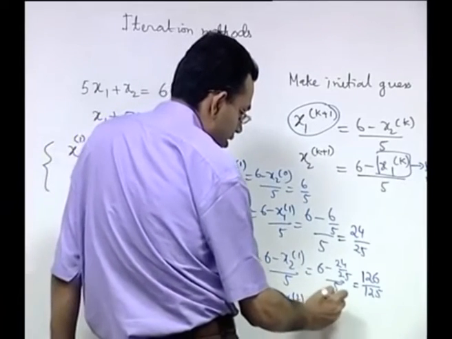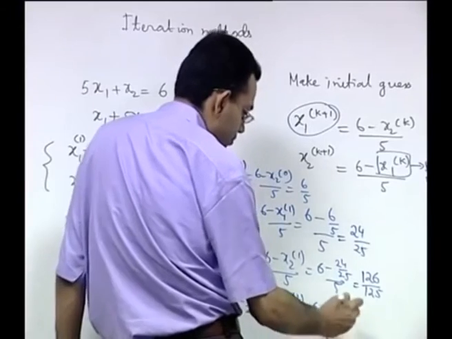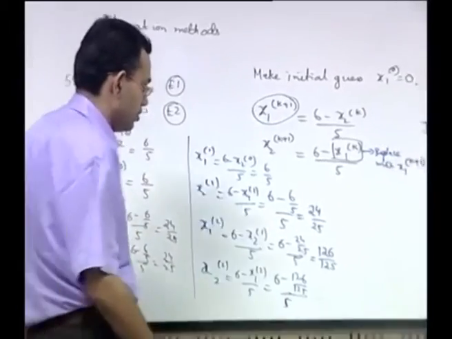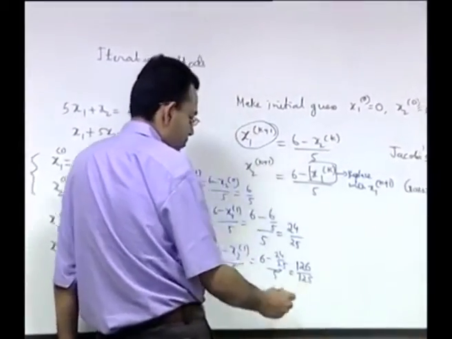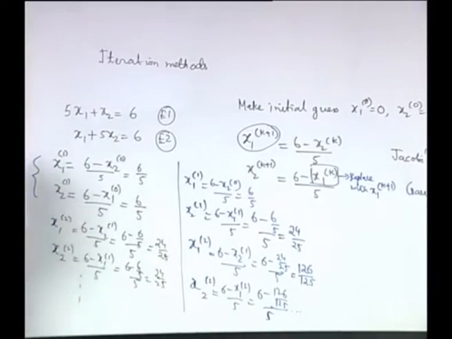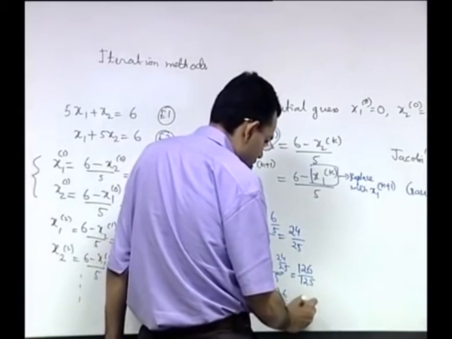So, 6 minus 126 by 125, by 5. Whatever, it will be a number close to 1.